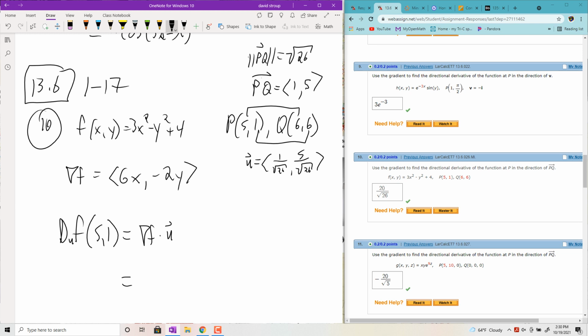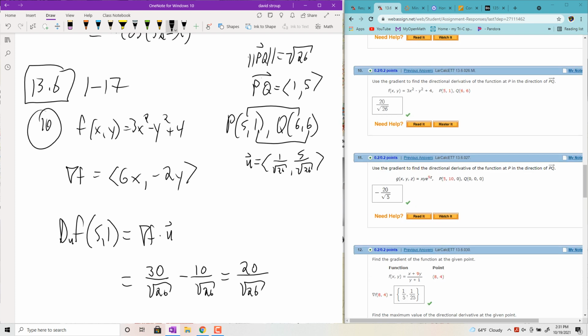That's 6x times 1 over root 26, plugging in 5, 1 for x and y. So 5 times 6 is 30, times 1 over root 26 is 30 over root 26. And then 2 times 1 is negative 2, times 5 over root 26 is negative 10 over root 26. And our directional derivative will be positive 20 over root 26.